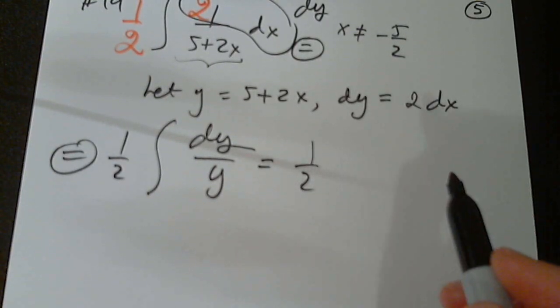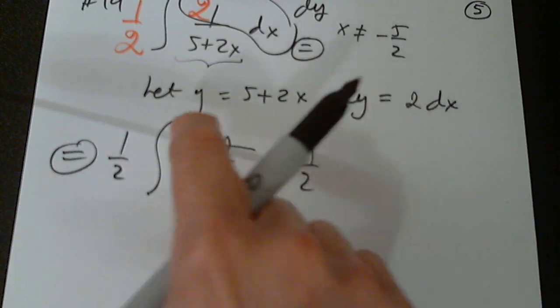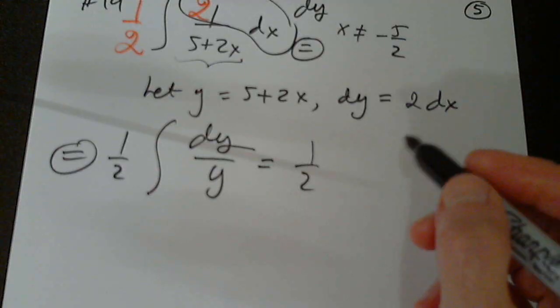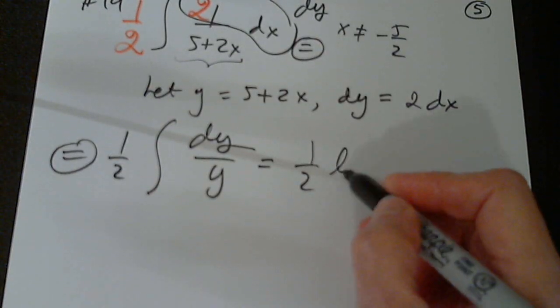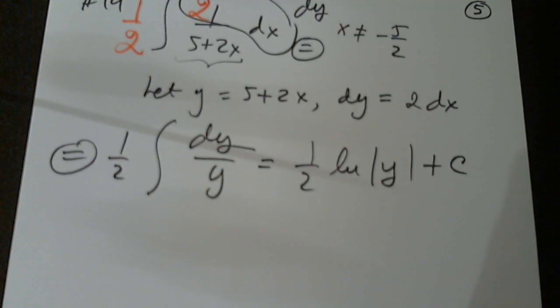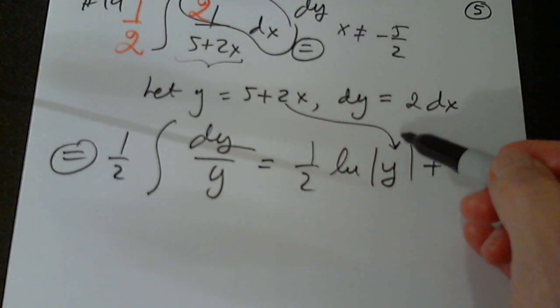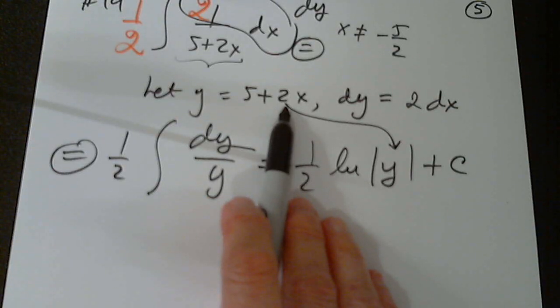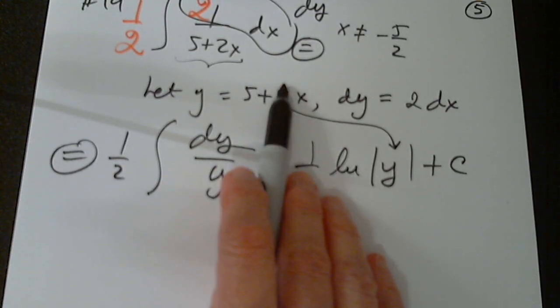So this is 1/2. Again, which function prime is 1 over y? We just had that a minute ago. Anybody? Natural log of the absolute value of y. Very good. Plus a constant c. Now I cannot remove the absolute value because this is positive, but this could be negative, and the answer could be negative.